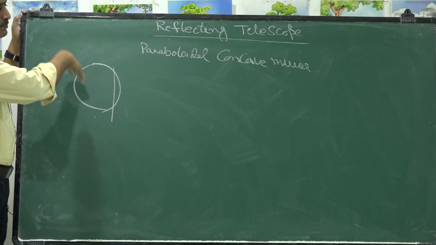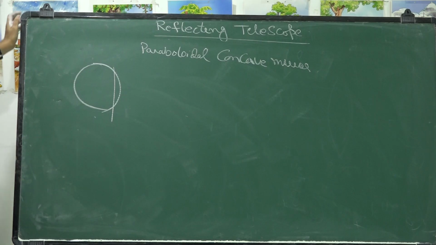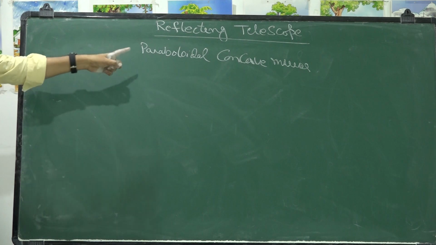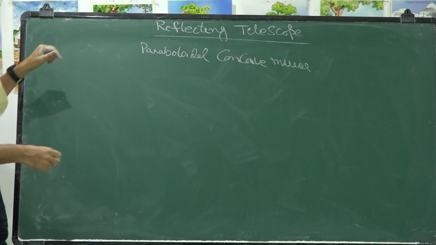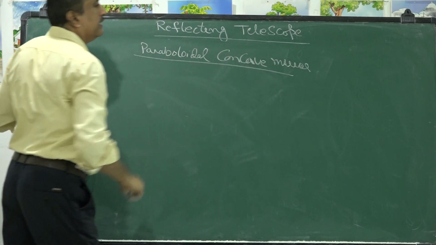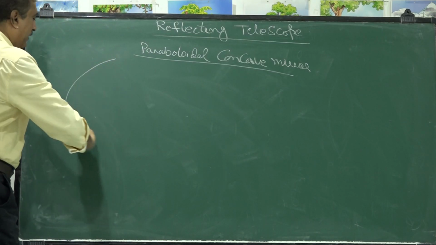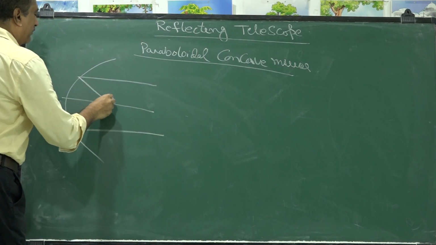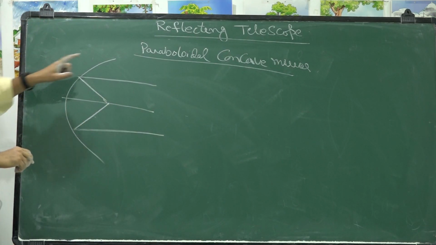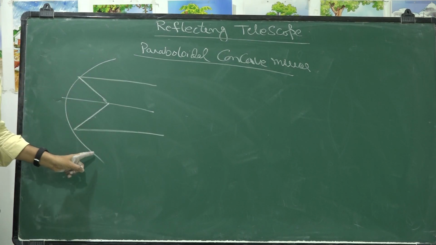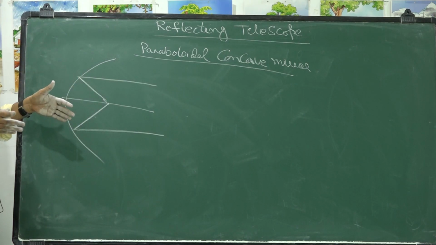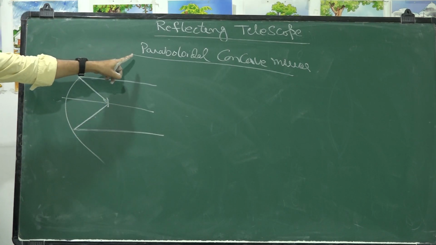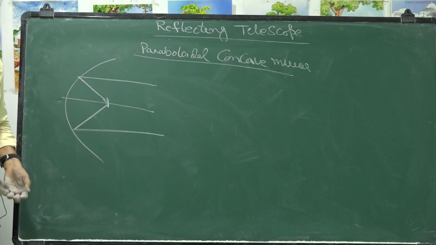These mirrors are called spherical mirrors, but if we cut the concave mirror from a paraboloidal surface, then it is a paraboloidal concave mirror. Why this paraboloidal concave mirror is preferred is, for a parabola, a light ray incident at any position will reflect into the focus. At any position of the mirror, all the rays will converge or diverge to the same point. That's why the paraboloidal concave mirror is preferred.